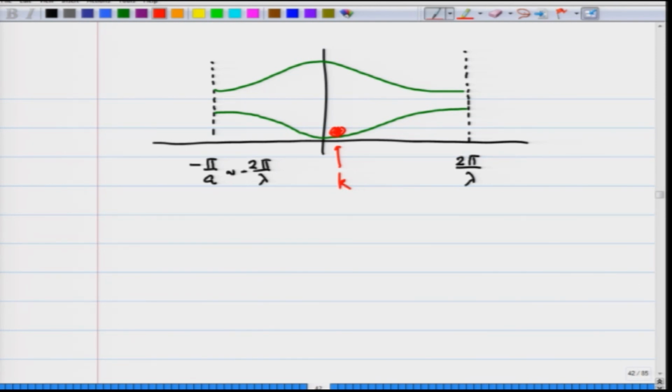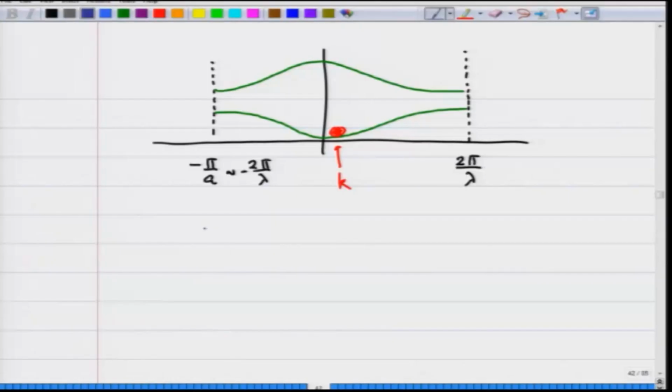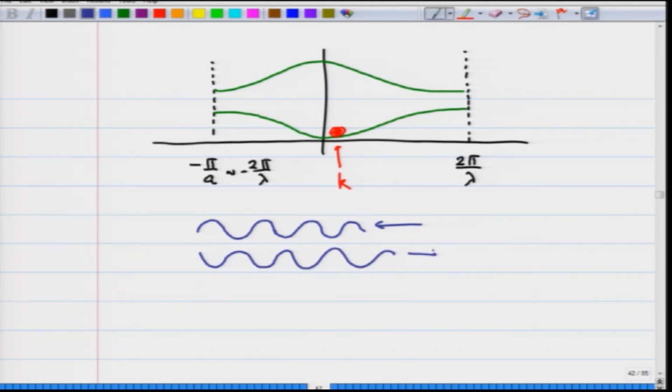So, now the job is to put this particle here at some k and give it an acceleration. So, we have to prepare a wave packet initially and then give it an acceleration. And this is another beautiful trick these people do in this experiment. If I look at two waves counter propagating, this is going to the left and the other wave going to the right, and have a slight frequency difference delta nu, then the standing wave pattern will move.